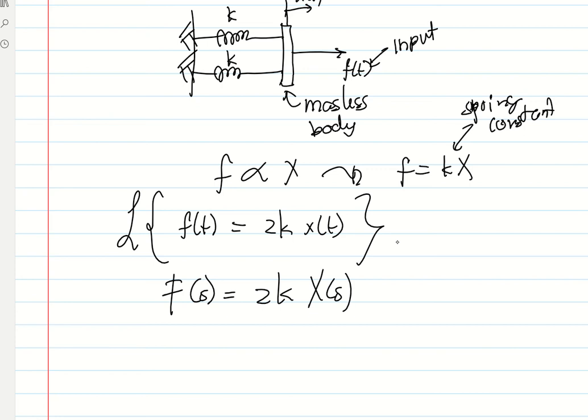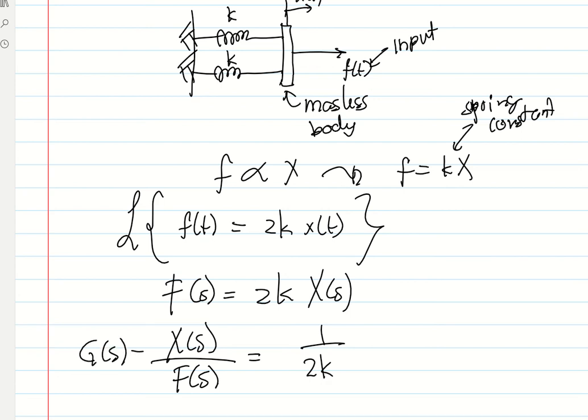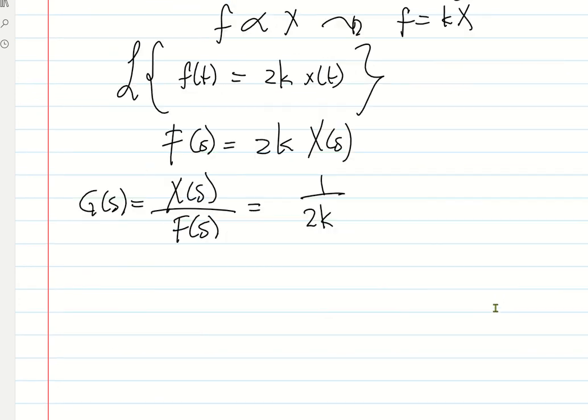Then output over input, our output is x, so x over F will be equal to 1 over 2 times k. So this is the transfer function of a spring with a massless body connected to it.